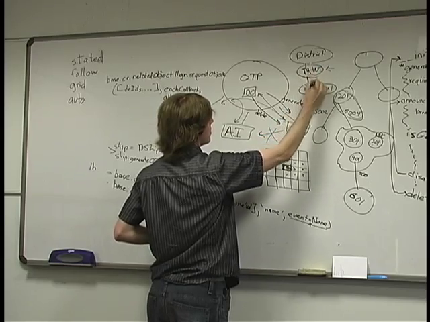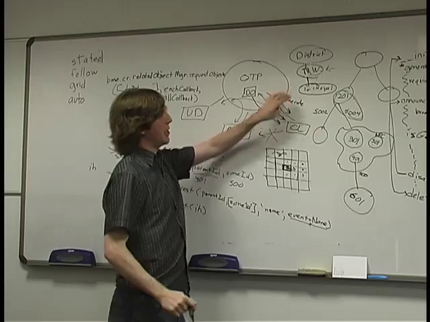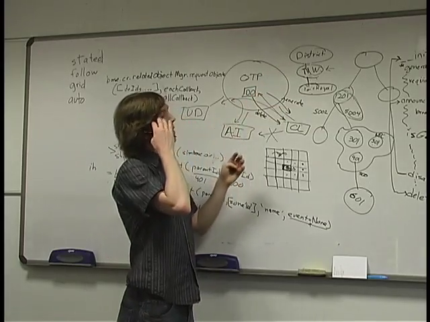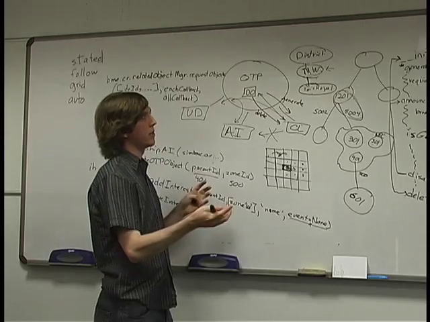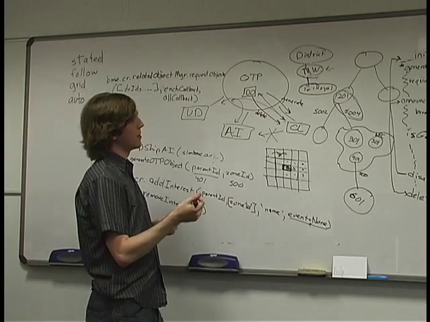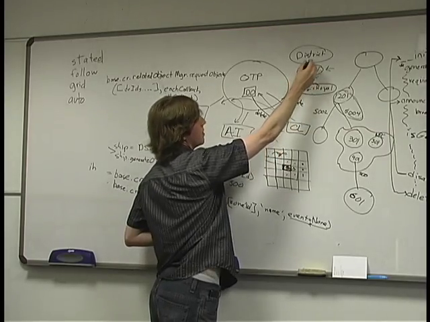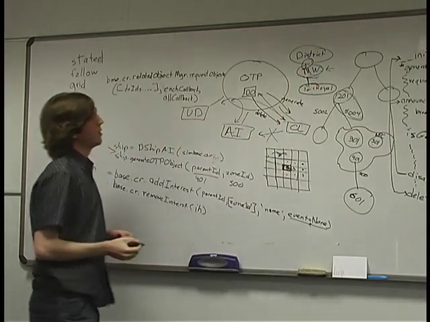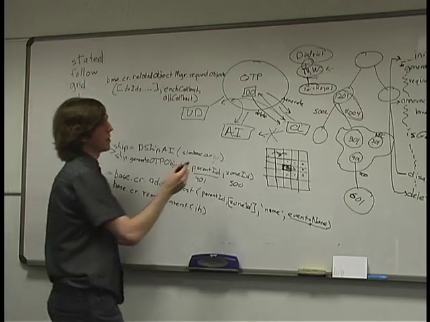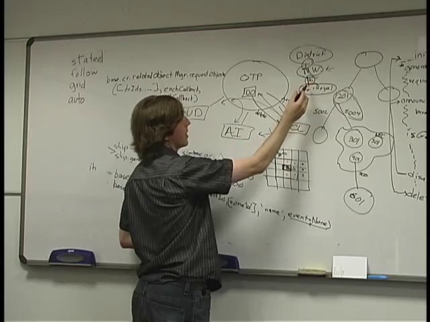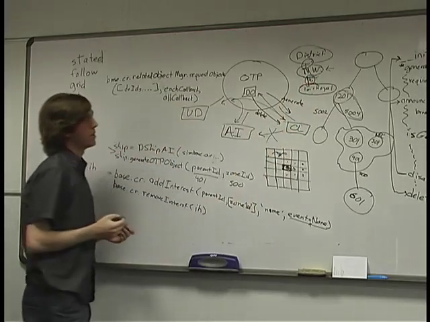So in the DC file, you can say anything in zone 10, I want to be treated as an AutoInterest. What that means is it tells the OTP server, whenever I add interest to this location, also start giving me objects in zone 10 without having to add an interest there.